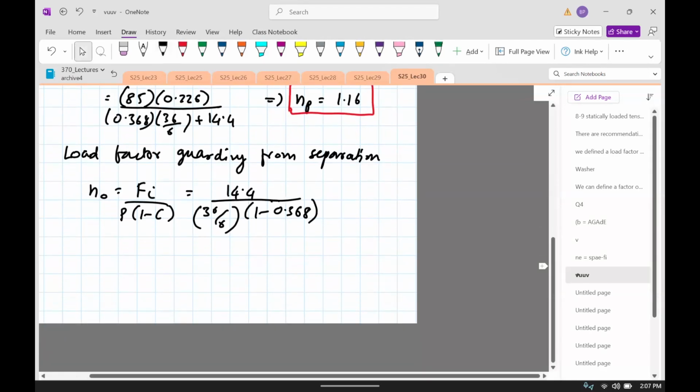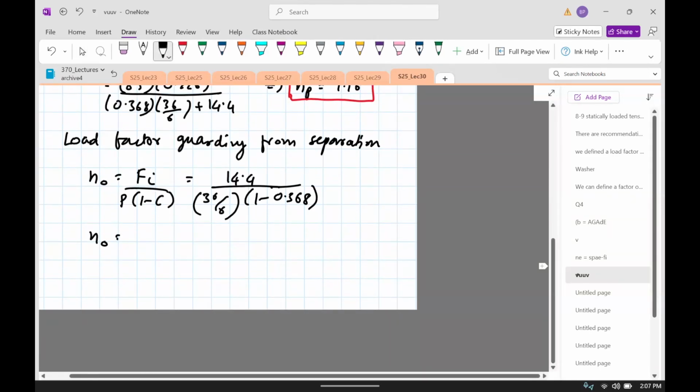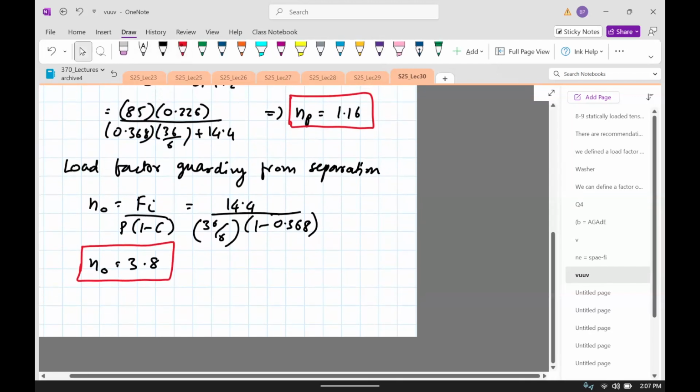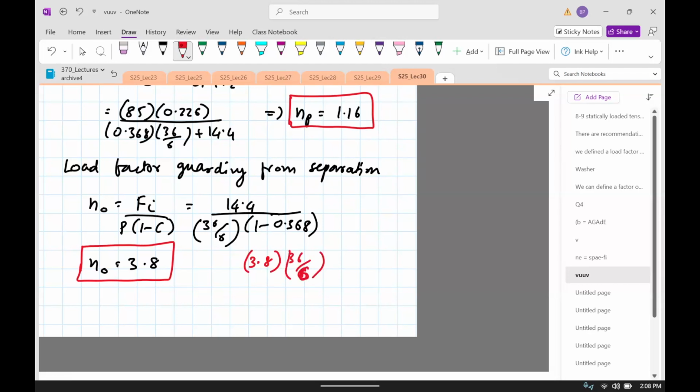Substituting these values in here, we get NO equals 3.8. So the actual load which it can take is, P we can go up to 3.8 times 36 divided by 6. Once you hit this force, the members will start separating, and so you want to be below this load.